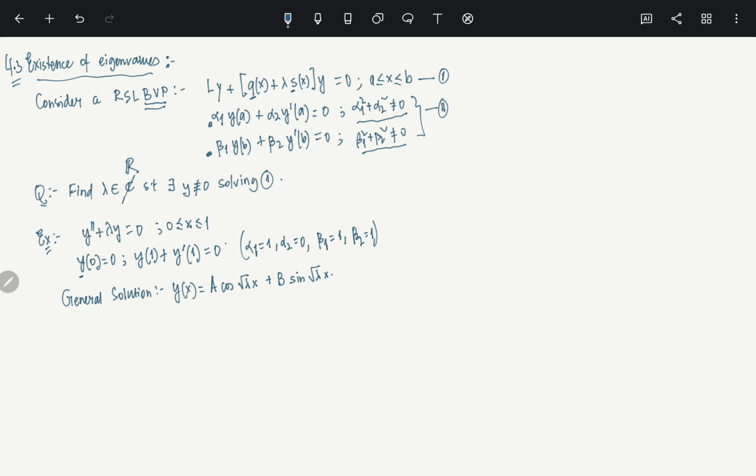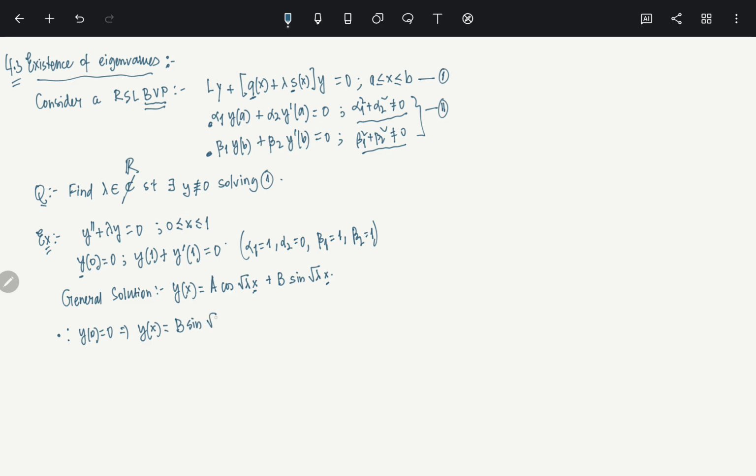Now let's put in the initial condition. Since y(0) equals 0, only one term remains, so a has to be equal to 0. So we are left with only b sine root lambda x.